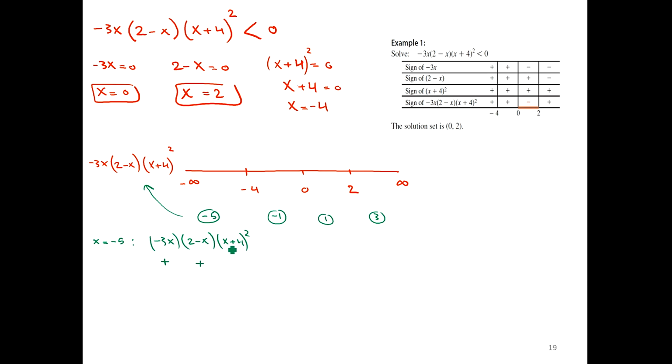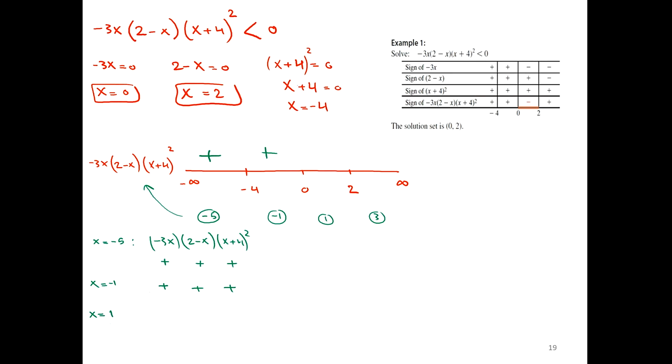And the last one, negative 5 plus 4, is negative, but with the square, it is positive. So from minus infinity to negative 4, we have positive. After substituting x equals negative 1, negative 3 times negative 1 is positive, 2 minus negative 1 is positive, and this is positive, so we have positive.